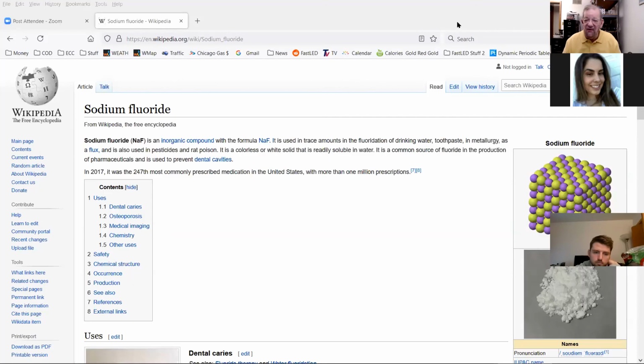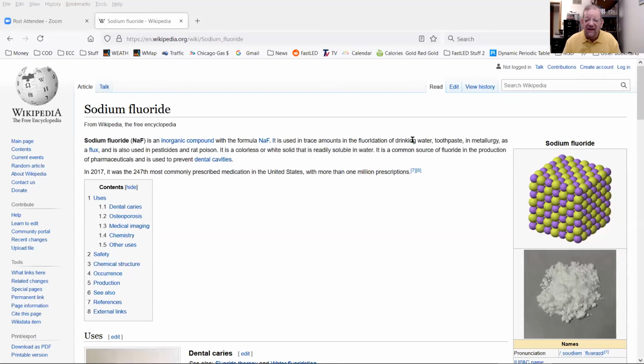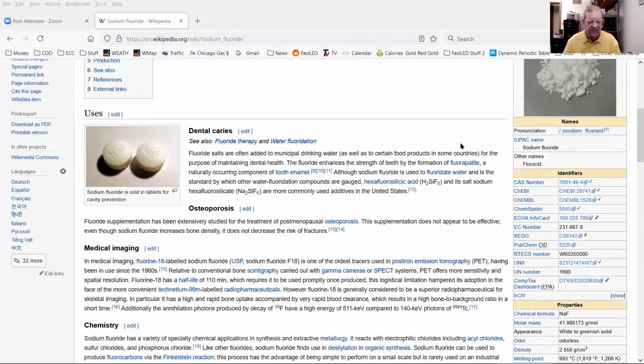All right, we're looking at sodium fluoride, and sodium fluoride is found in drinking water. When they say fluorinated water, which Chicagoland has, they put some in. It's also in your toothpaste, very little, but enough to make a difference. And notice dental caries.